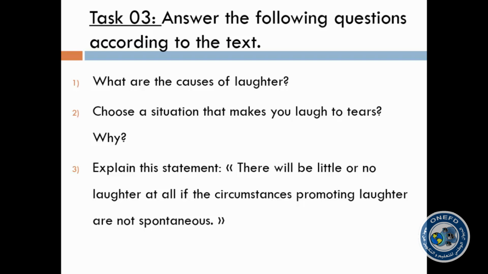Why does it make you laugh to tears? And finally, explain this statement: There will be little or no laughter at all if the circumstances promoting laughter are not spontaneous. So feel free to pause the video, you can go back to the text and try to answer the following questions.